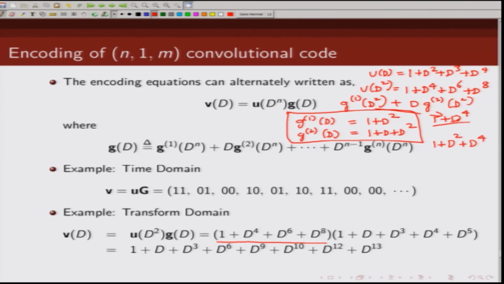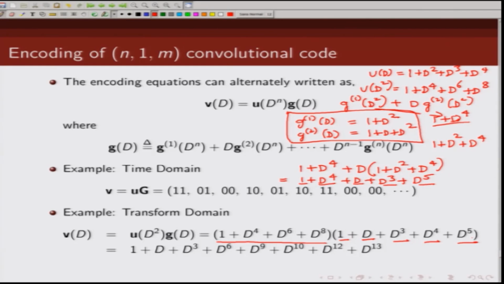Now, what is our overall g(d)? This is given by g1(d^2) plus d times g2(d^2). So g1(d^2) is 1 plus d^4, plus d times this. This can be written as 1 plus d plus d^3 plus d^4 plus d^5.